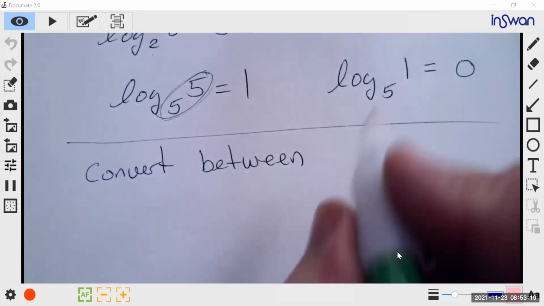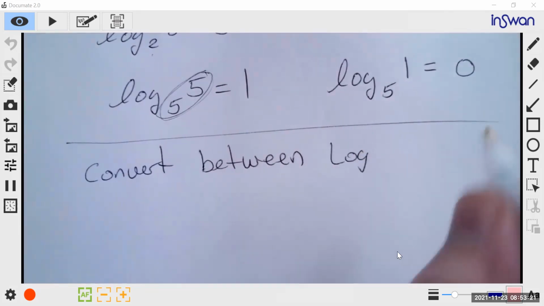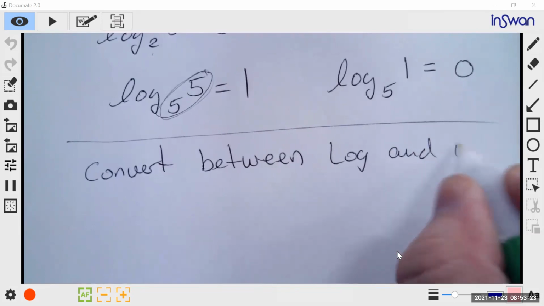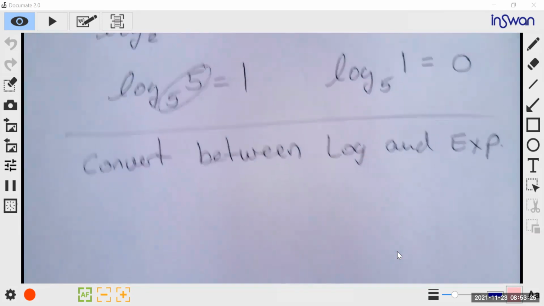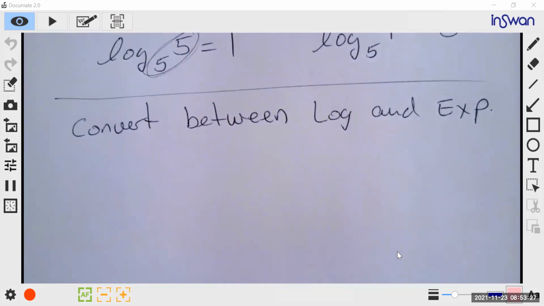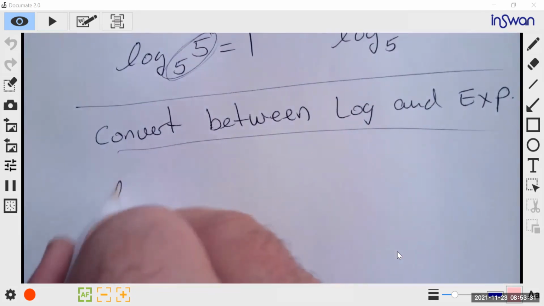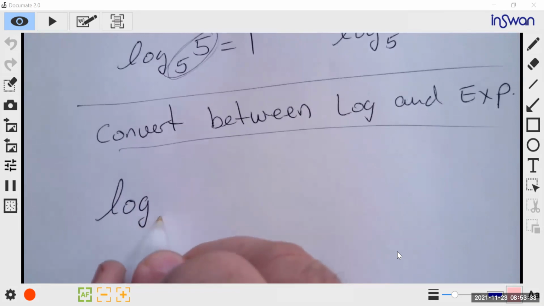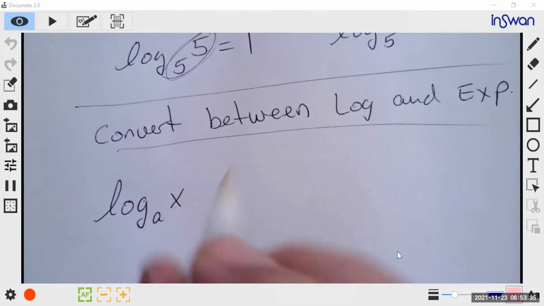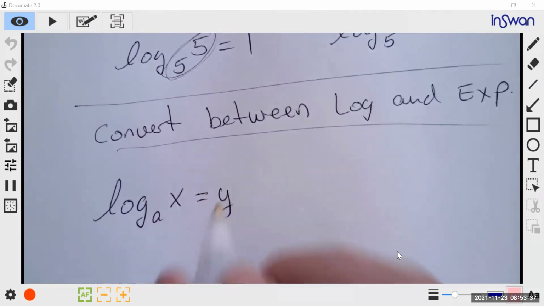We can convert between logarithms and exponential equations. Log base a of x equals y.